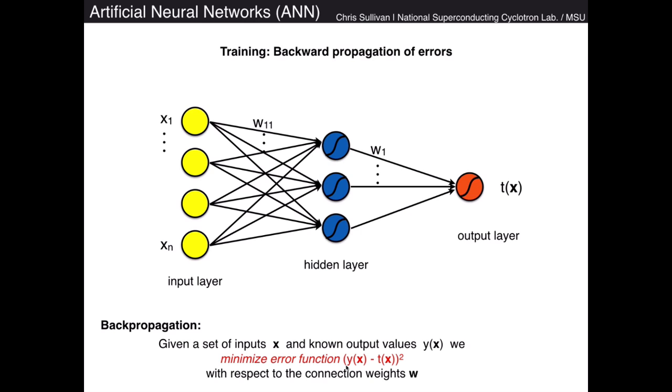And then we can define some error function, and that is the difference between the true values given the input values x and the output values of our network. And so in this case, I just defined an error function, which is (y minus t) squared here. And the question is, how do we minimize that error with respect to the connection weights of our network?